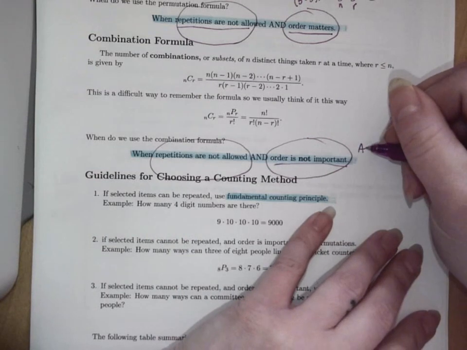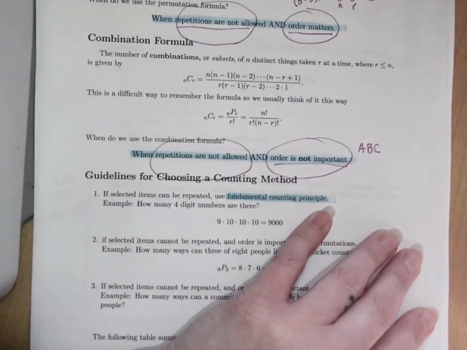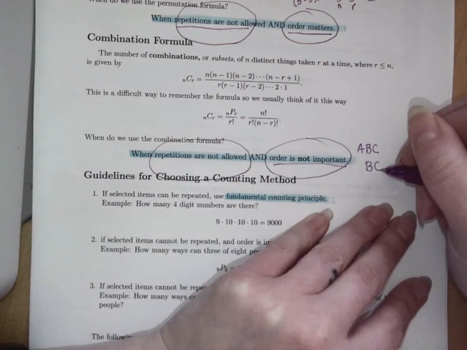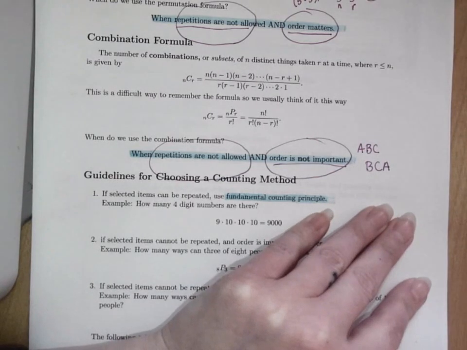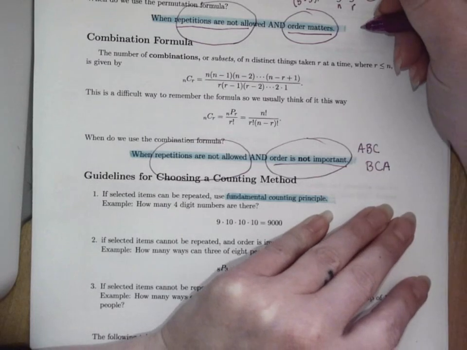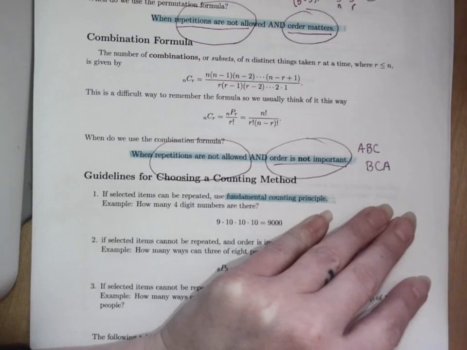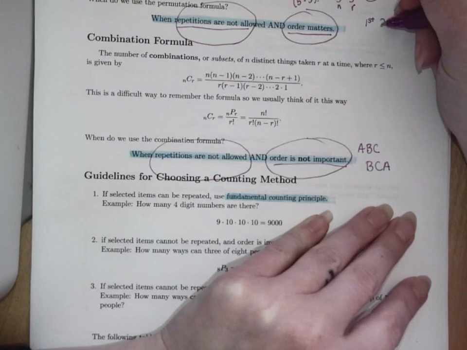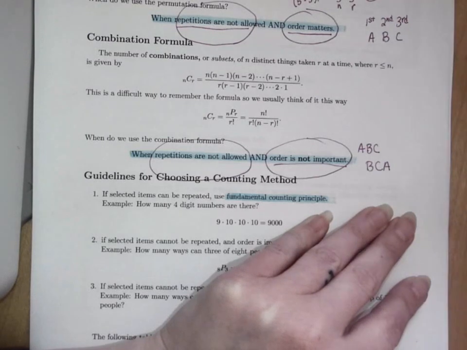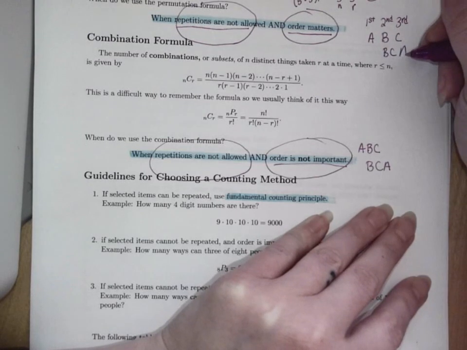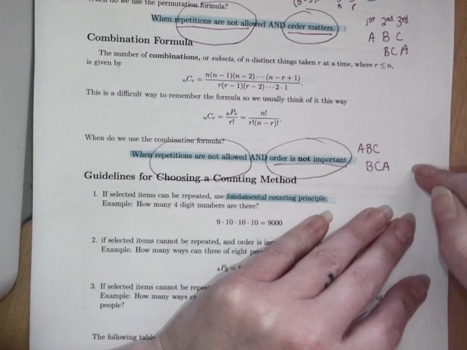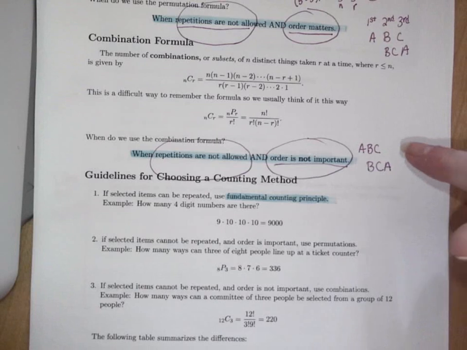If I have members A, B, C, I'm going to have that same member group if I have B, C, A. It's still the same group of people. Whereas if I'm looking at things like for permutations, the order of things coming in a certain place, if we have first, second, and third place, it's going to mean something different to have A, B, C than B, C, A. Those are two different things. Whereas in this case, they're the same. You still have the same grouping.